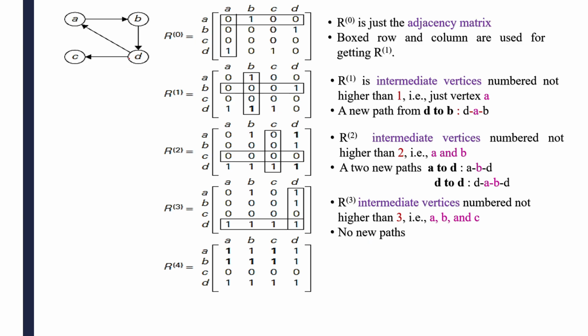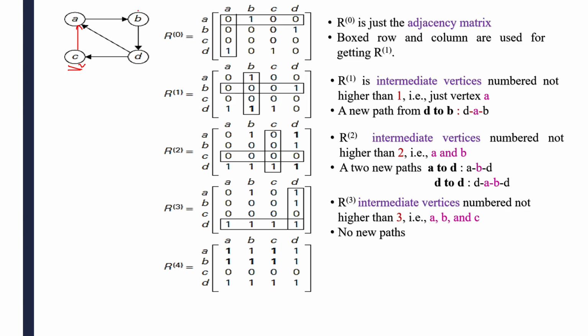But what is the criterion here? For example, assume that one more edge is there. For example, I am telling. Now D to C is there earlier. D to A earlier, the path is not there, but with the help of C as an intermediate node, I can get D to C and C to A, in case this edge is there, because I can take C as an intermediate node here.